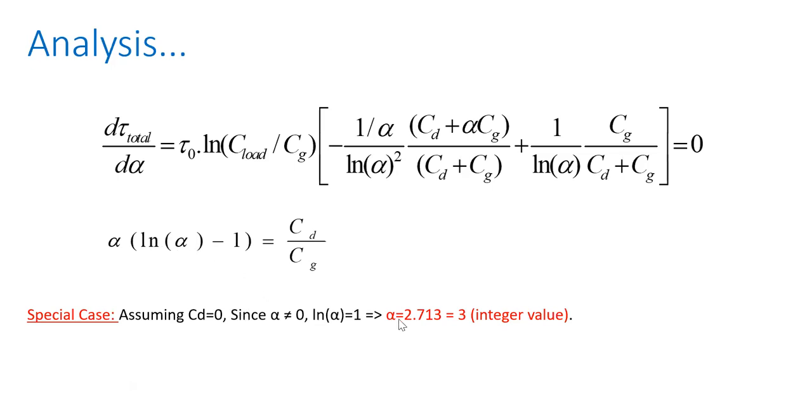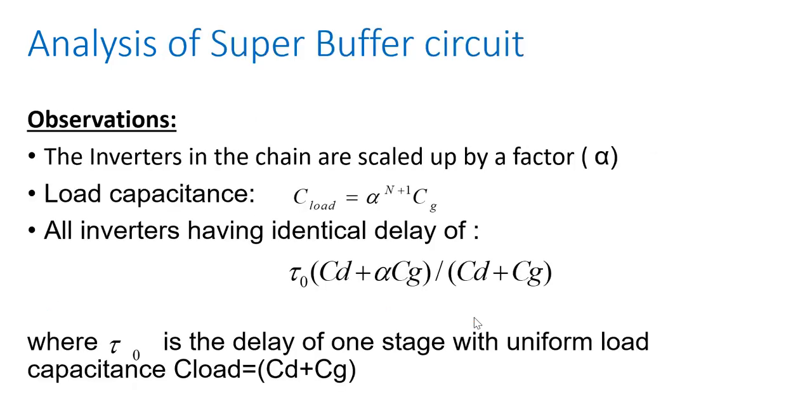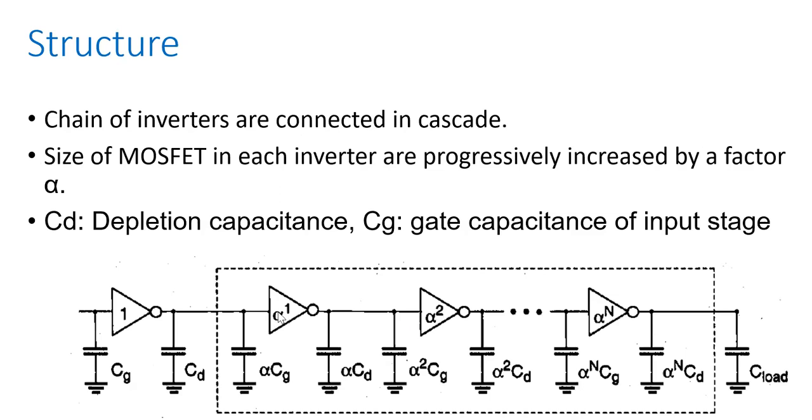From there alpha equals 2.7, so taking the next integer value, alpha equals 3. So for the ideal case CD equal to 0, alpha will be 3. That means the inverters have sizes 3, then 3 square, that is 9, and you connect them in that way.